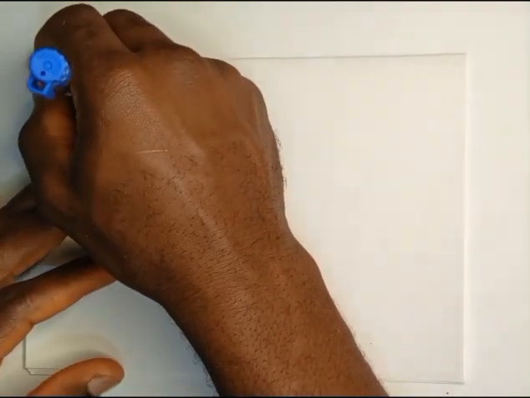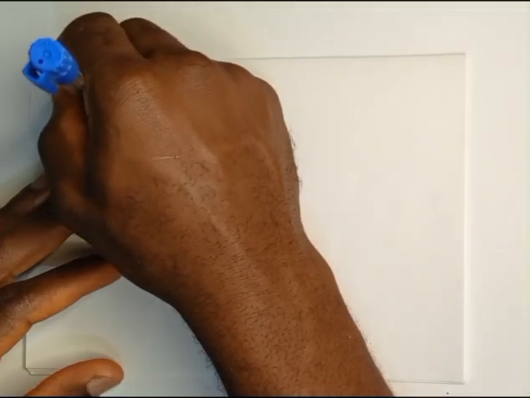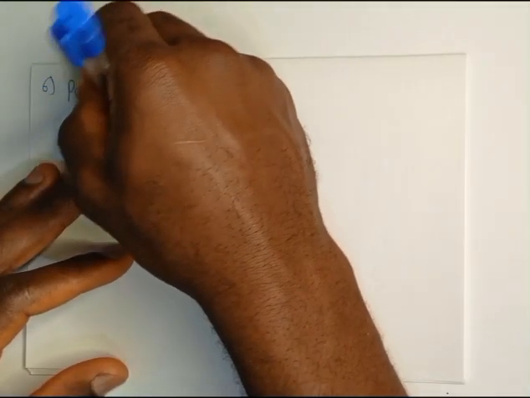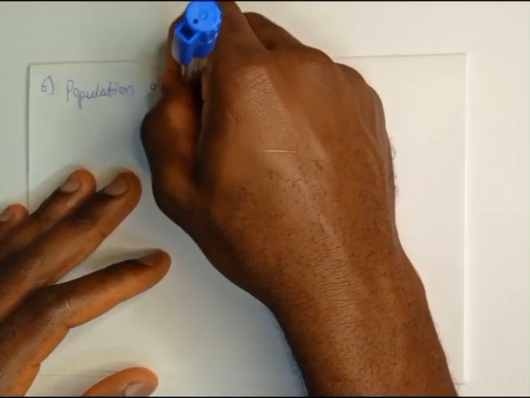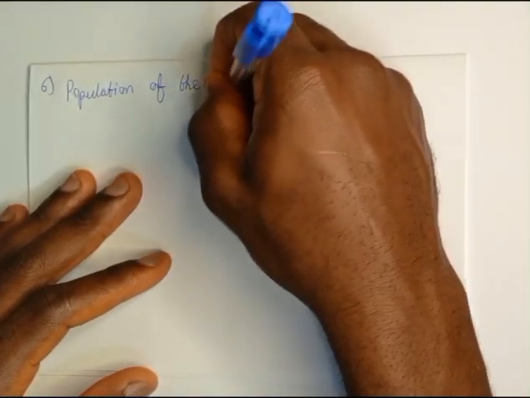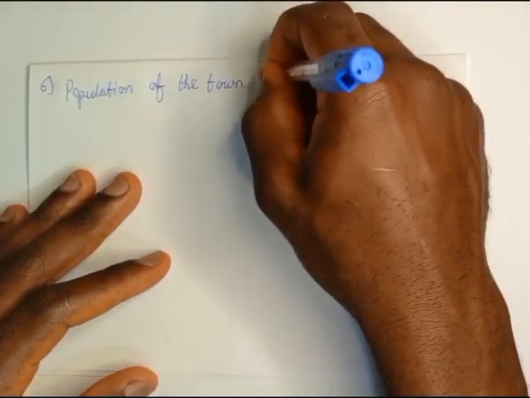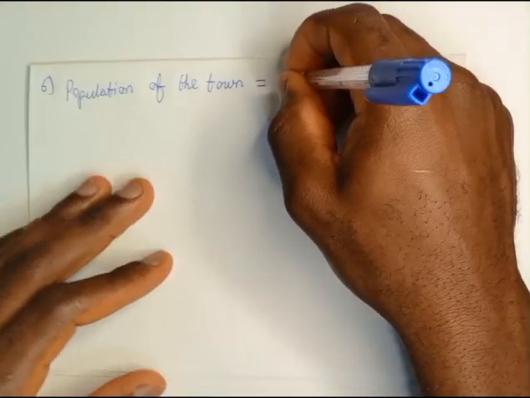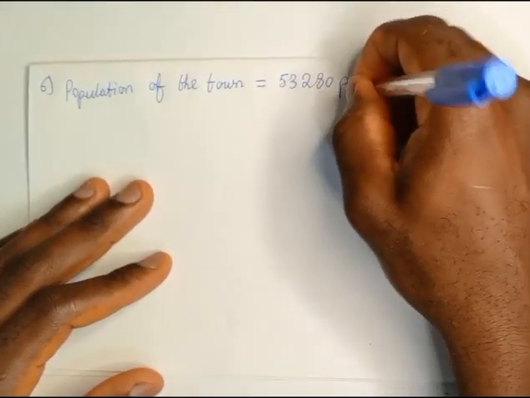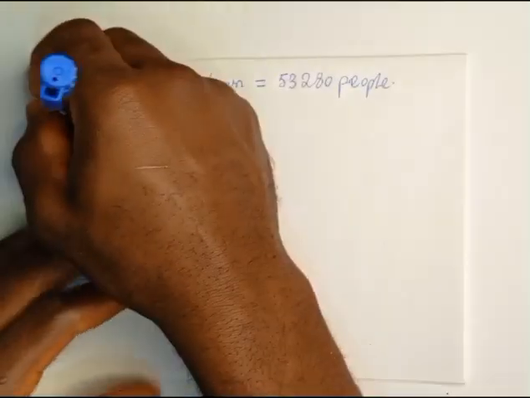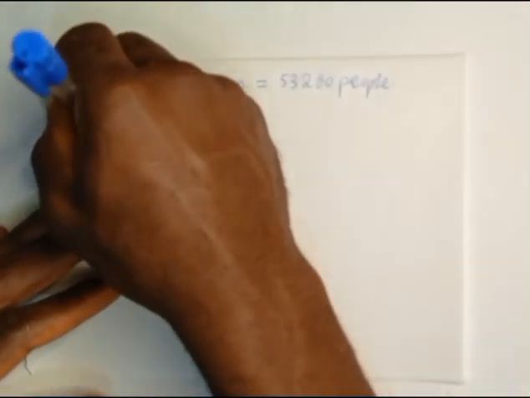Question 6. We have the population of the town. Population of the town is equal to 53,280 people. Next, we have the number of deaths.